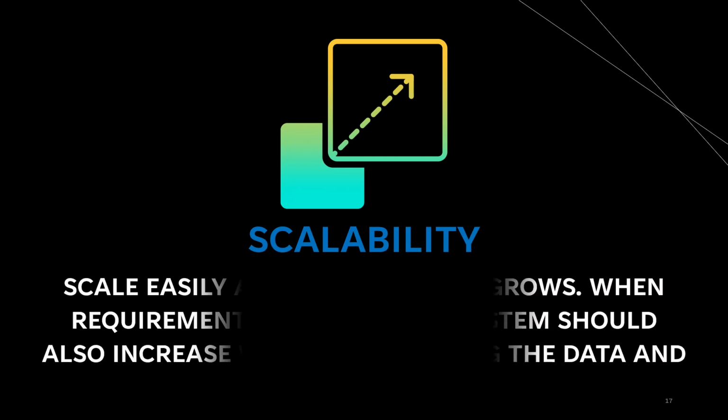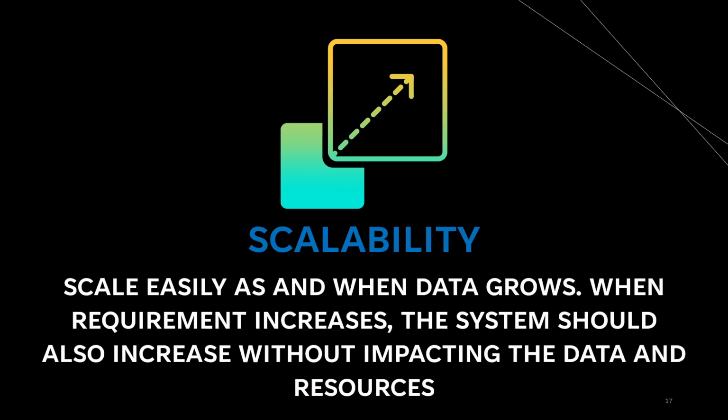But just because we provided a solution, we should also see whether it has scalability. Now, what is scalability? Today in your project, you are getting around 5 million records. To process those 5 million records, you have a particular server and a particular tool which is able to solve it. In future, 1 or 2 years down the line, those 5 million records become 10 million or 15 million.